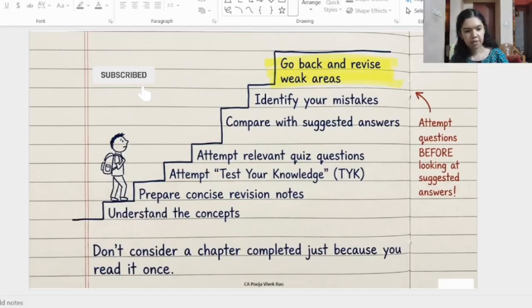Then in step number 7, you will go back and revise the weak areas. Only after completing this entire process, you can consider that you have completed the chapter properly. The session specifically recommends attempting questions before looking at the suggested answer, so that you can identify your actual conceptual gaps.